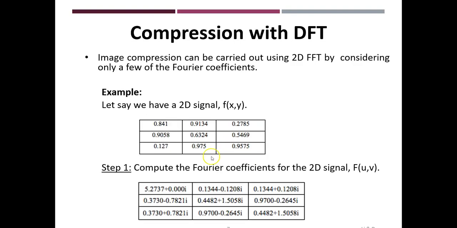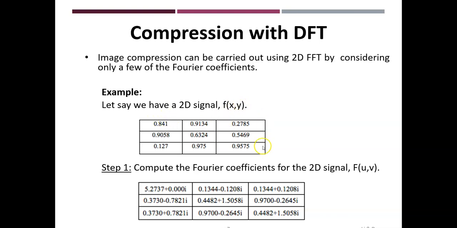First, how to conduct the compression using DFT. Image compression can be carried out using the two-dimensional fast Fourier transform or FFT by considering only a few of the Fourier coefficients.